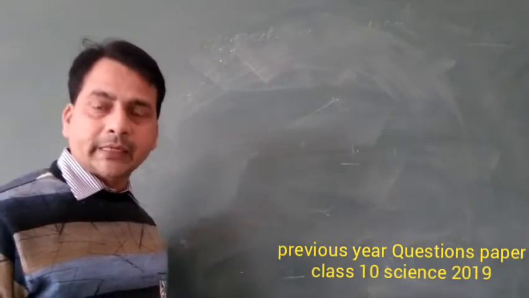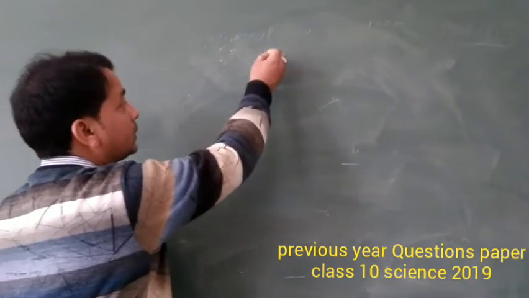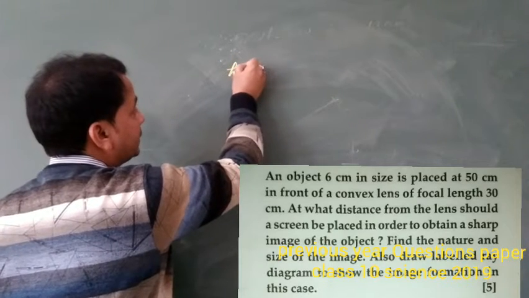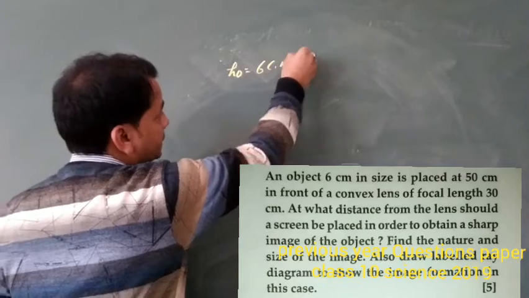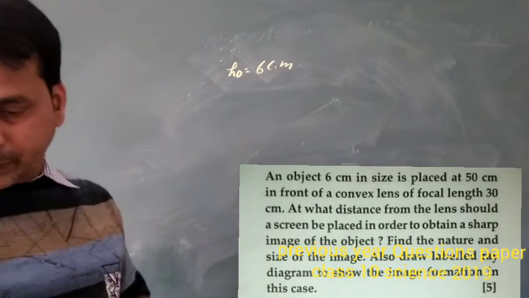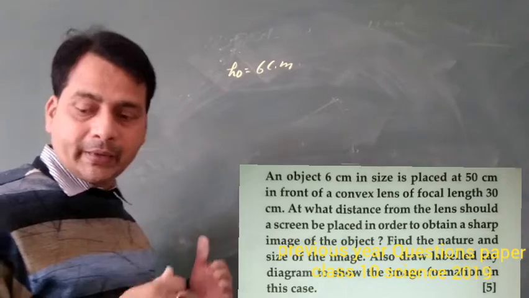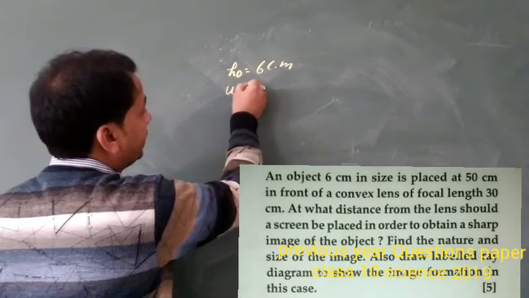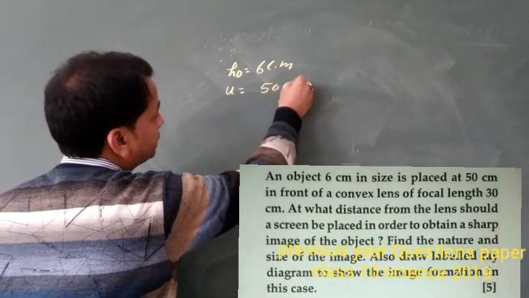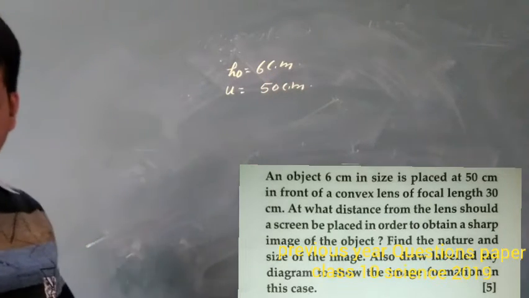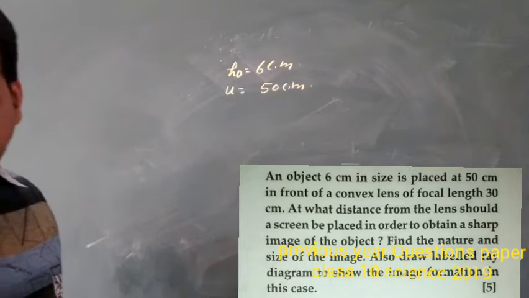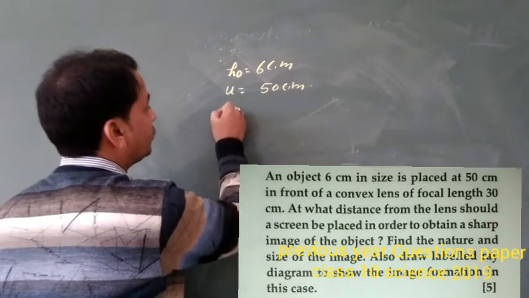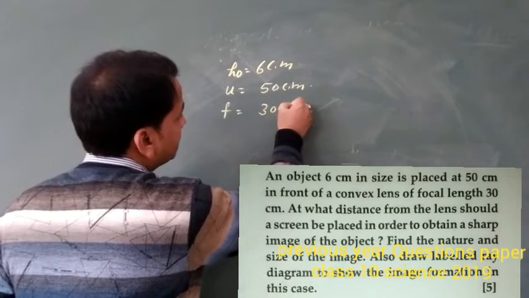So the object height is 6 centimeter, and the object distance is given, that is 50 centimeter in front of the convex lens. The focal length is 30 centimeter.